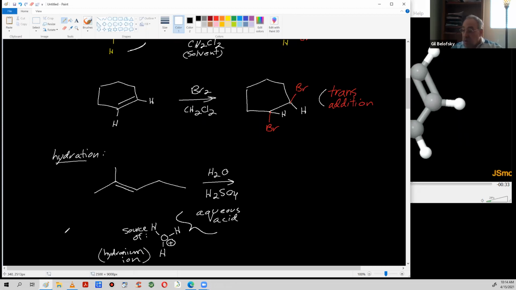And that probably looks familiar from Gen Chem in some reaction balancing stuff you might have done as H3O plus. But that's essentially when you throw H2SO4 in water and use it as an aqueous acid in a reaction, the reaction's really proceeding through the use of hydronium ion.